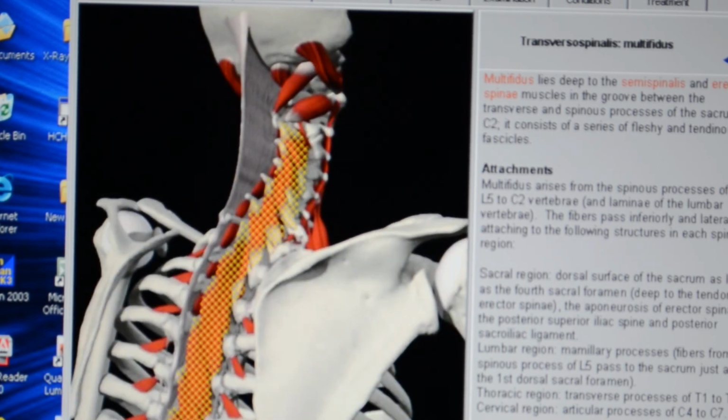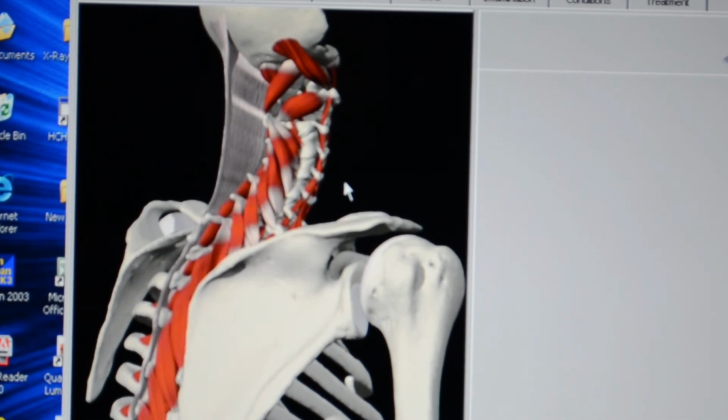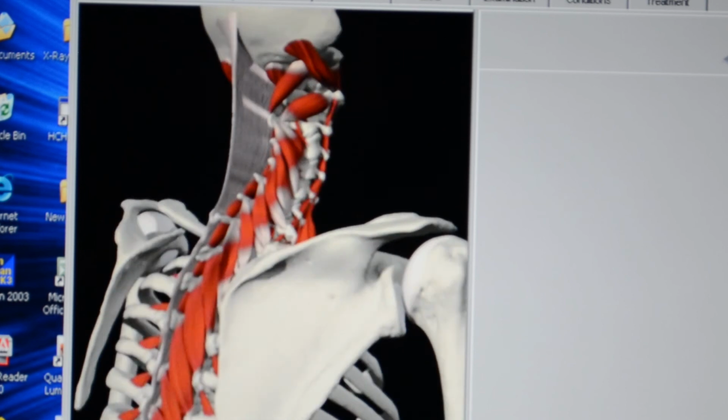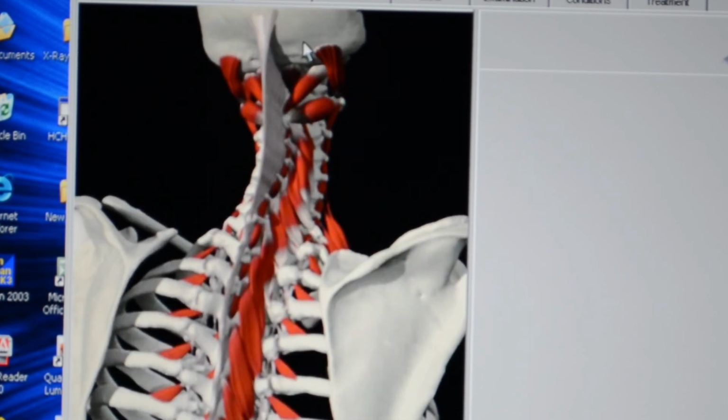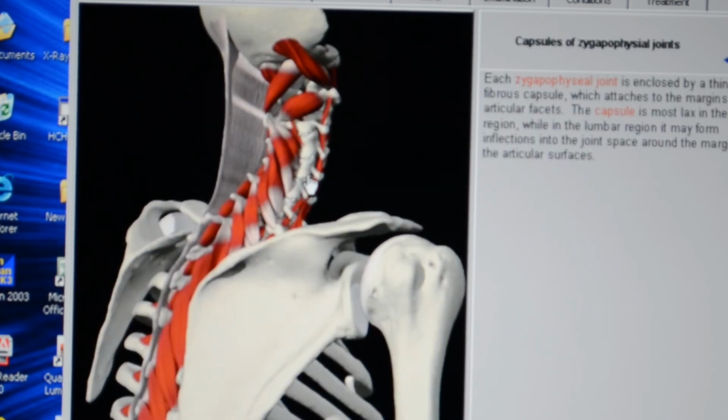Now, one of the things that we know is that these muscles respond to gapping of our joints, and they respond to gapping on the joints on the same side. So if we bend the head and neck over to the left, we are going to gap open these right-sided facet joints, and we're going to activate these multifidus muscles.